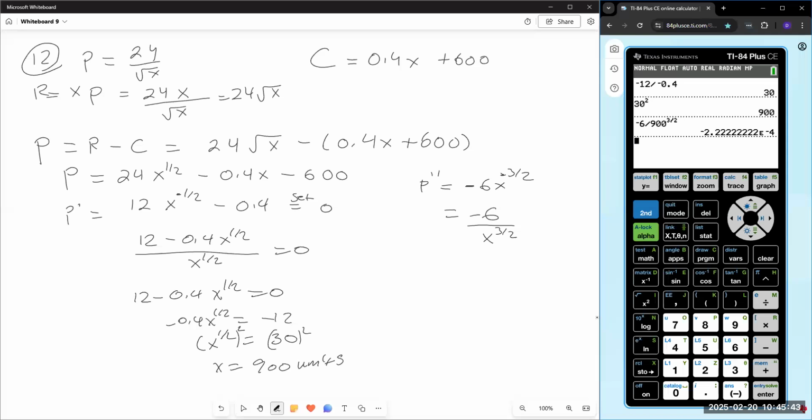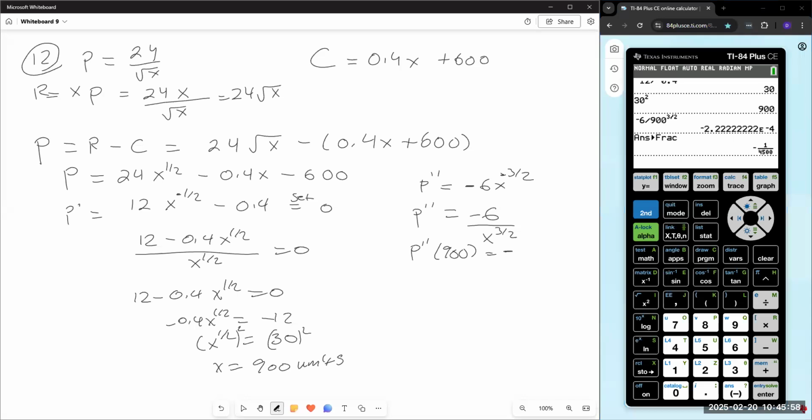It is, but P double prime of 900 is a negative 1 over 4,500, which is less than 0. So because P double prime of 900 is less than 0, P has a local max at x equals 900 units.